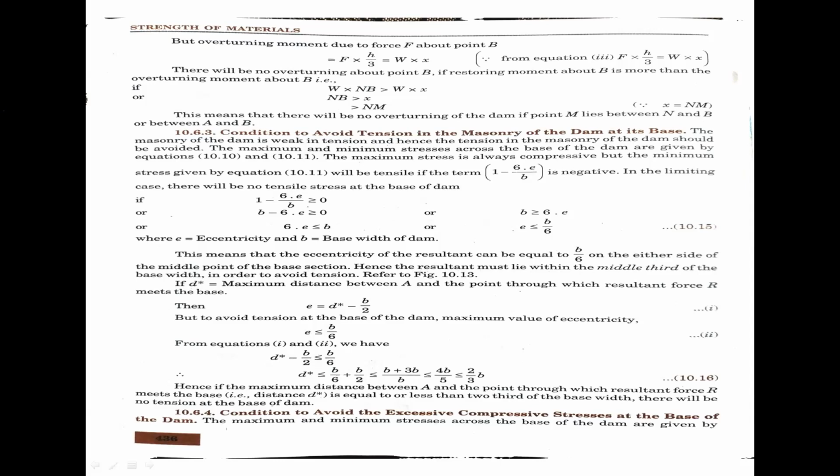The maximum and minimum stresses across the base of the dam are given by equations 10.10 and 10.11. The maximum stress is always compressive, but the minimum stress given by equation 10.11 will be tensile if the term 1 minus 6E by B is negative. In the limiting case, there will be no tensile stress at the base of the dam.